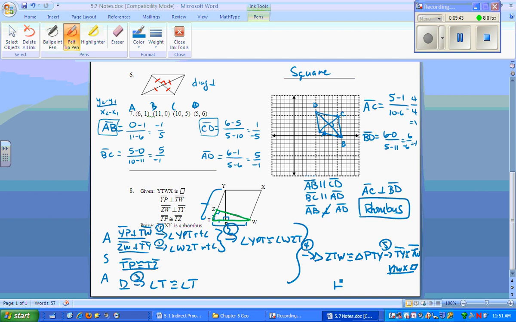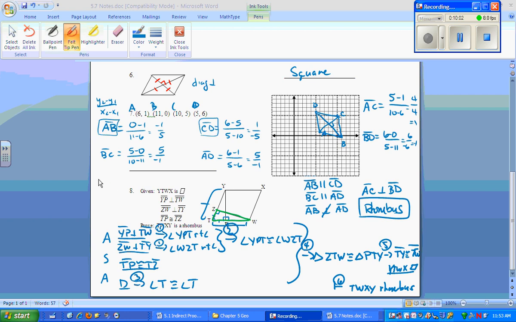Now we can finish it up, and we can say that it ends up being a rhombus, because if it's a parallelogram with consecutive sides being congruent, it ends up being a rhombus. And now let's give our reasons, and we're done.